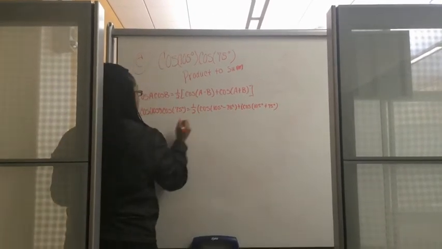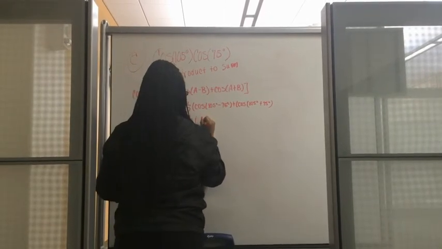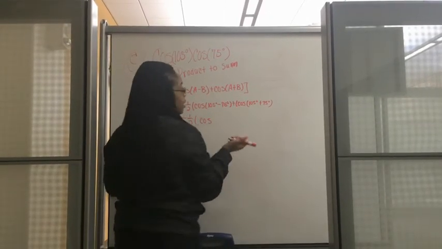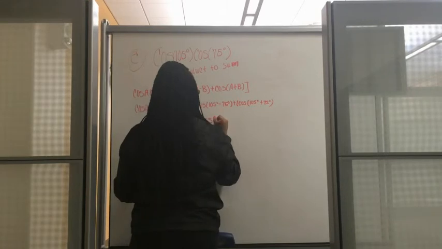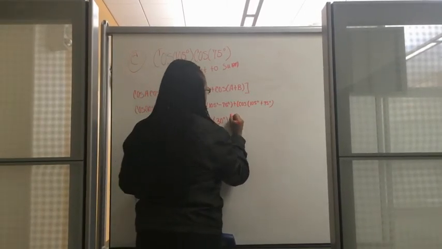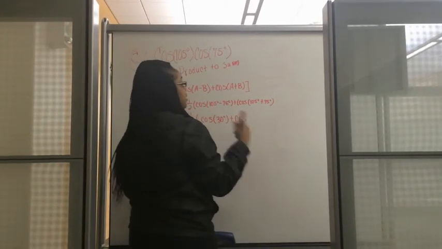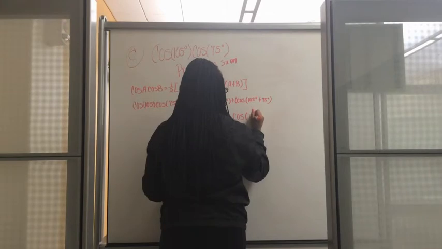So then I just did what's in the parentheses. Cosine 105 degrees minus 75 degrees is 30 degrees, plus cosine 105 degrees plus 75 degrees is 180 degrees.